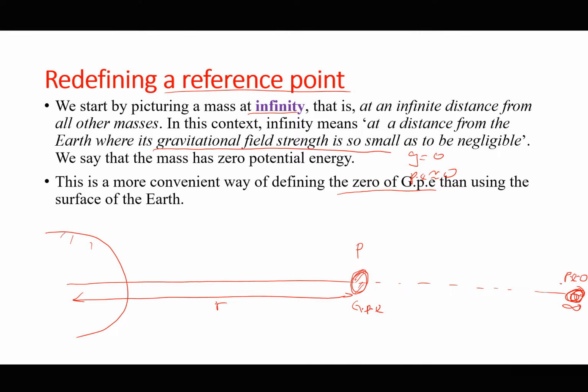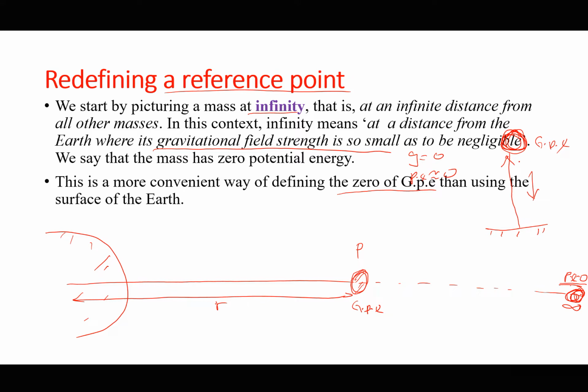Note that at infinity, the gravitational potential energy is zero. But when you move an object towards the Earth's surface, you are bringing it in the same direction as the gravitational field. When you lift an object from the Earth's surface, you are moving it against the gravitational pull, which is downwards. So here you are doing work on the object. The object is gaining gravitational potential energy when you are moving it against gravity.